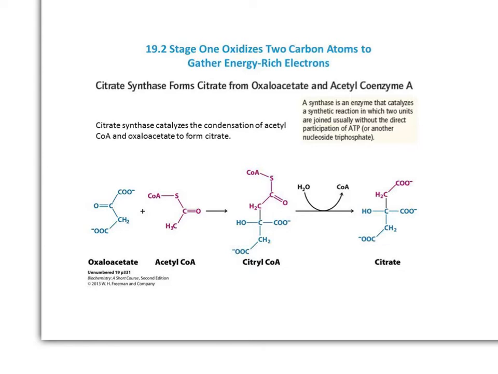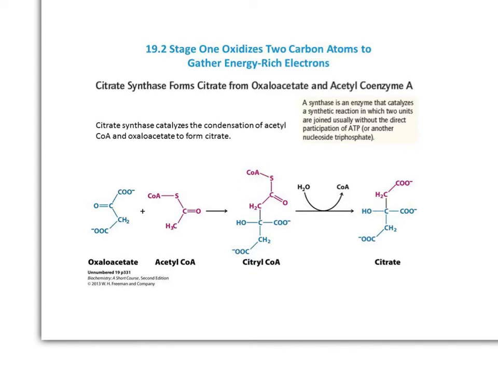The very first reaction, the opening gambit, so to speak, is oxaloacetate, a 4-carbon acceptor unit, picking off the 2 carbons attached to acetyl-CoA. Citrate synthase does this reaction, and it creates citryl-CoA as a brief intermediate, and then you get hydrolysis of the CoA.